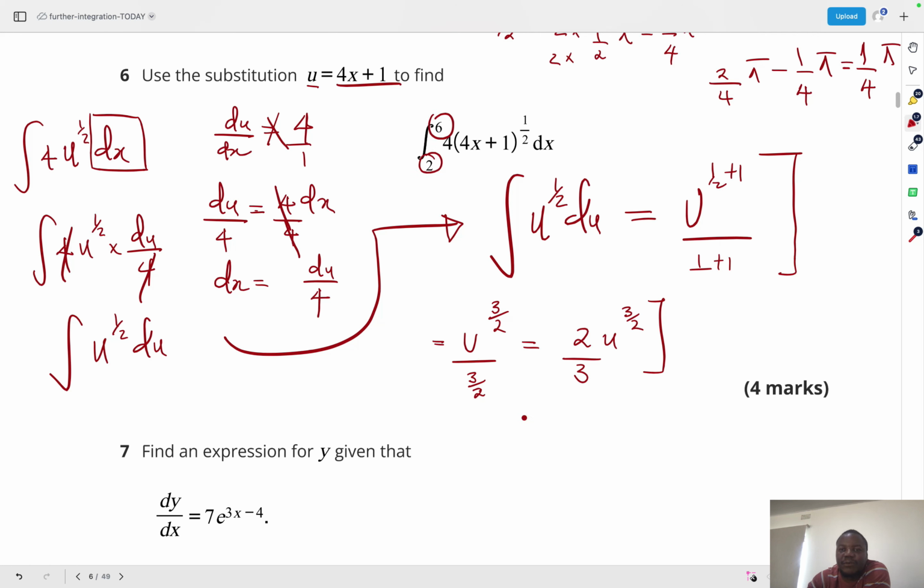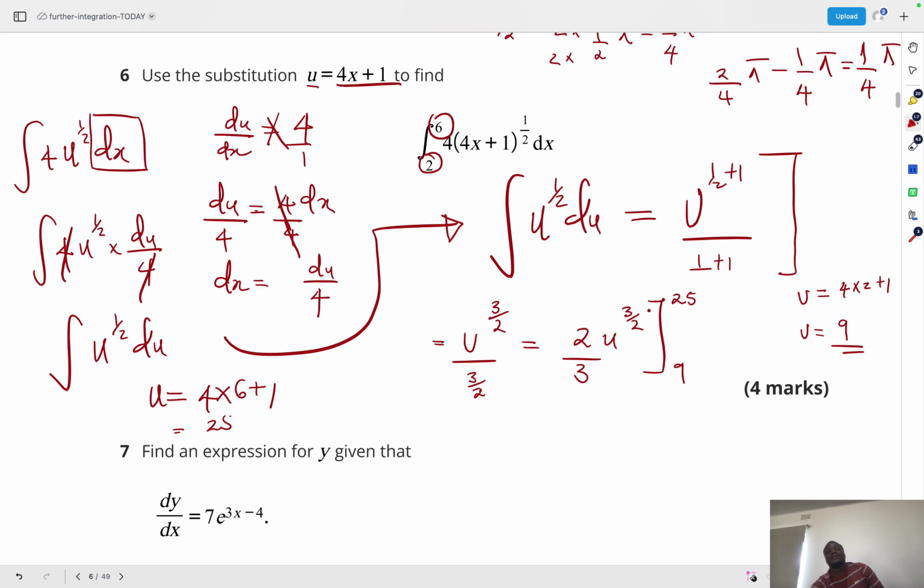The upper limit for u would be 4 times 6 plus 1, which gives us 25. The upper limit is 25. Then we must change the lower limit as well: u equals 4 times 2 plus 1, which gives u equals 9. So the lower limit is 9.